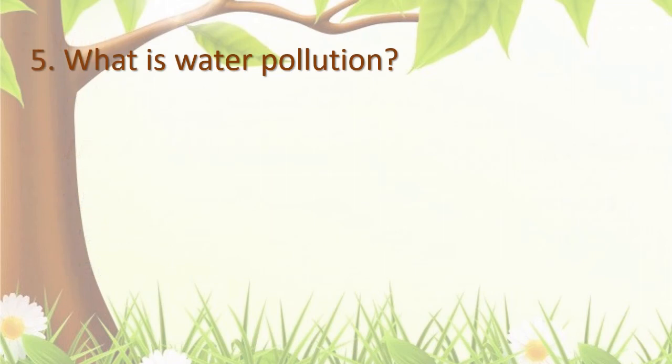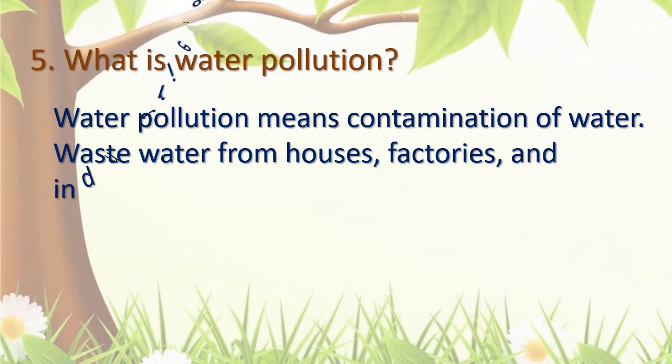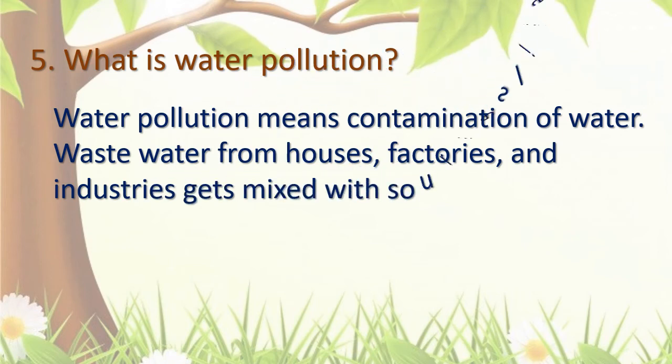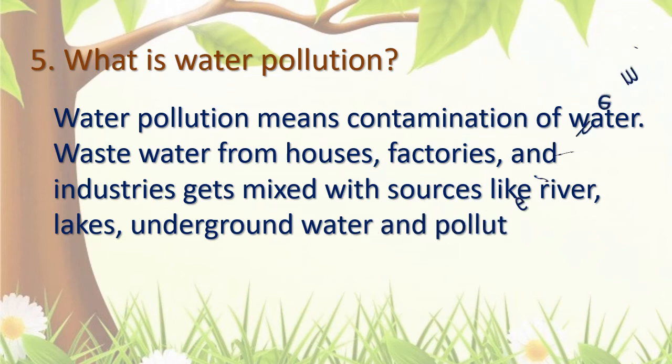What is water pollution? Pollution means contamination, isn't it? Contamination in the pure thing is nothing but pollution. Here water pollution means what? Contamination of water. Wastewater from houses, factories and industries gets mixed with sources like rivers, lakes, underground water, means well water, okay, and pollutes them.